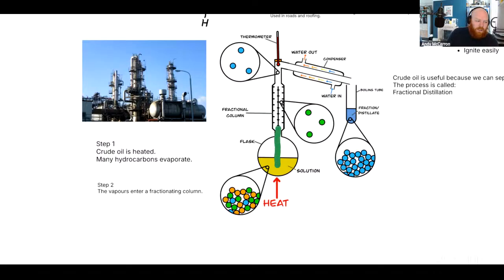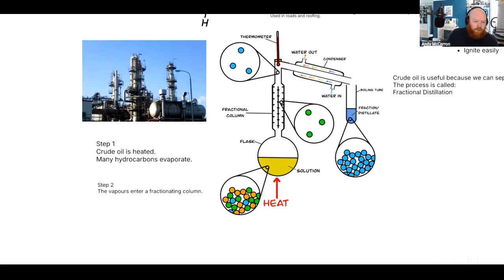You'll notice that it's green here, and then up here I've drawn blue. So it will then be blue beyond. Now, this is what the fractional column actually does. It slows down the compounds by having loads of little bits sticking out.